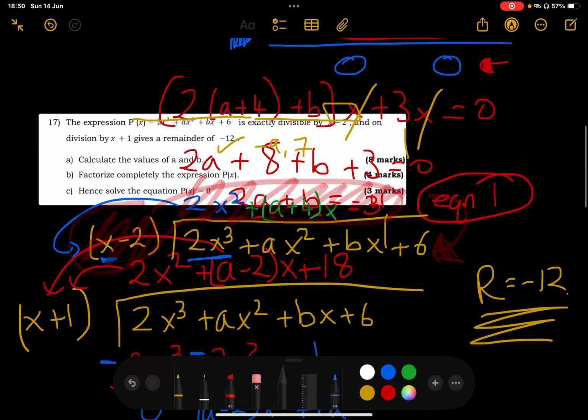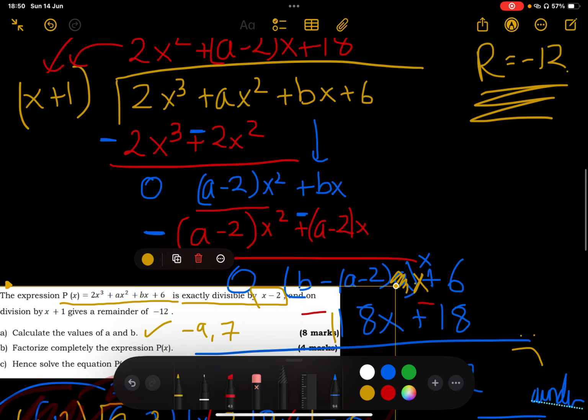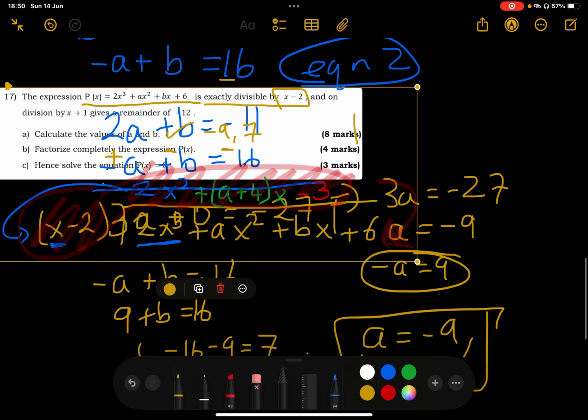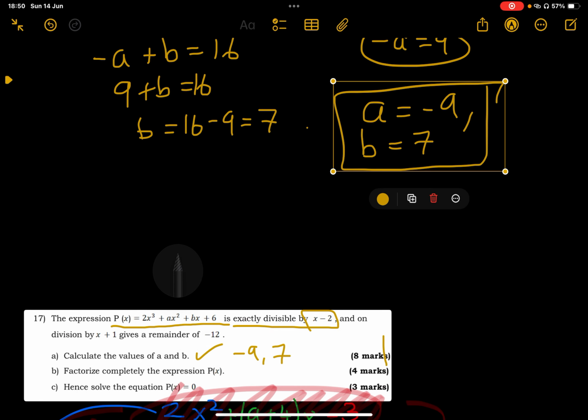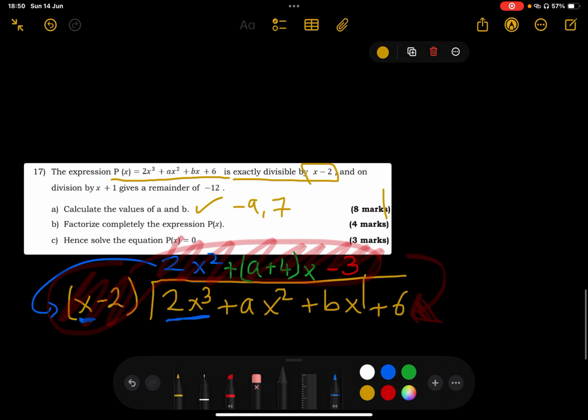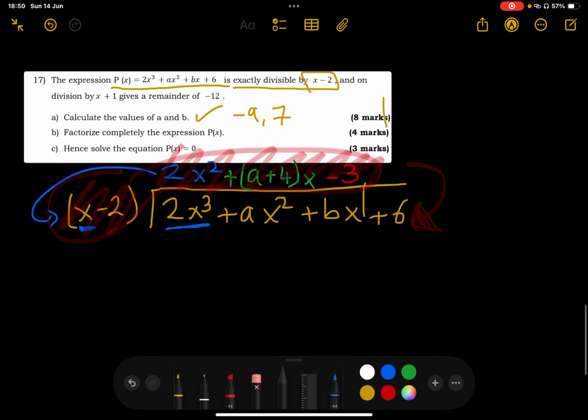Let's put it down here so it's easier to see. Sorry for having to move it so much. Okay. So this is what we have. Okay, factorize completely the expression p of x.